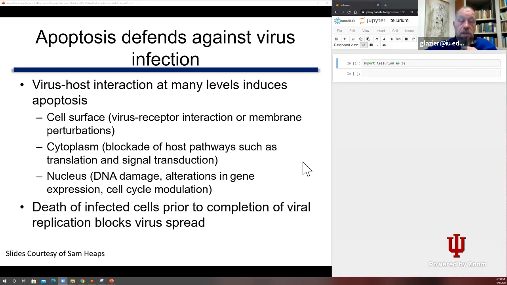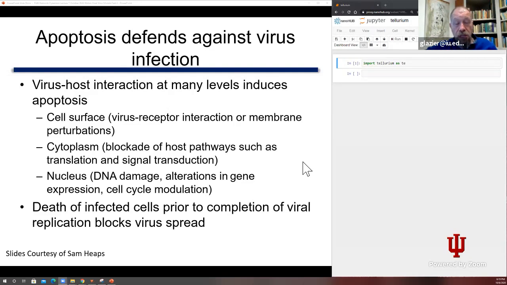And there are, as I mentioned, a lot of different ways that the virus can stimulate cell death. There are cell surface receptors, which we'll talk about a little bit. There are cytoplasmic receptors. Some of those are simply interference.